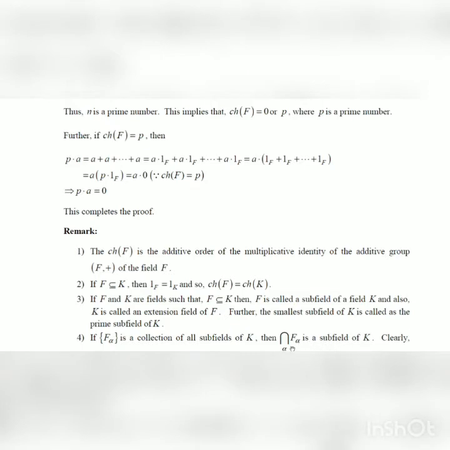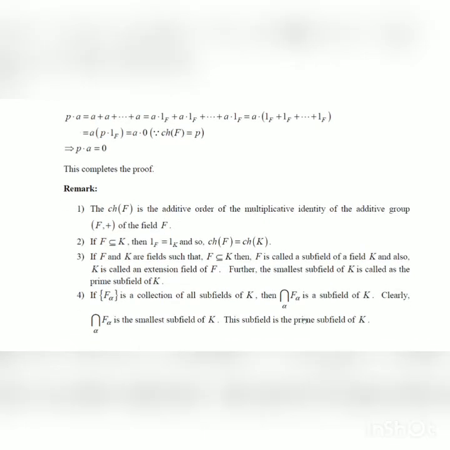Therefore, this subfield is the least among all the subfields F alpha, because the intersection of F alpha is a subset of F alpha, and the F alphas are the subfields of K, and among them this is the least. Therefore, this itself is called the prime subfield of K. So the intersection of all the subfields, the collection of all subfields of K, is the prime subfield of K.